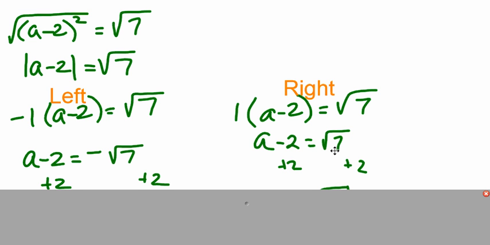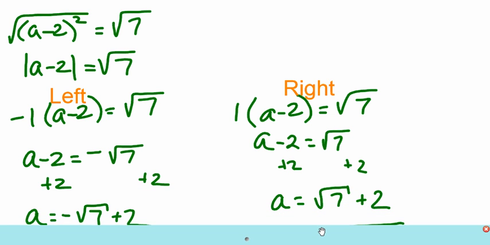One is underneath the radical and one is not. Therefore, we cannot combine them, so we're going to have to write it as 2 minus the square root of 7 and 2 plus the square root of 7. Or we could write it as the square root of 7 plus 2, or negative square root of 7 and opposite of the square root of 7 plus 2 as well. So these represent our 2 potential solutions for our equation.